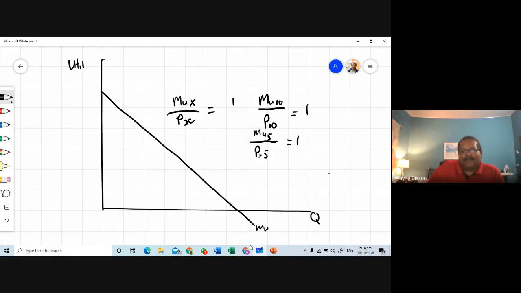So for us to get to that lower level of utility, remember, we're going to have to come down and consume more. So this might be the point at which we were at 10 utils. At 10 utils, we were consuming this quantity of the good.